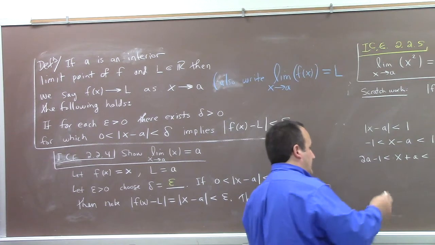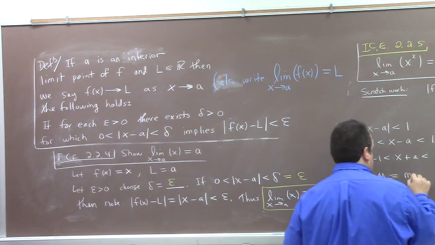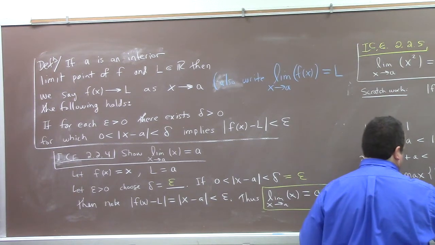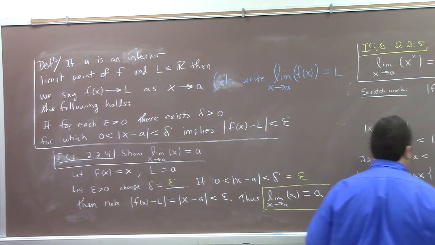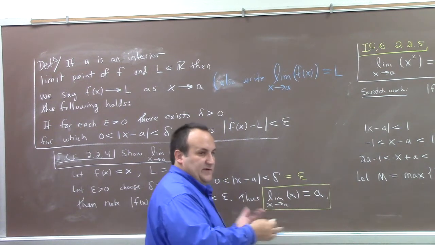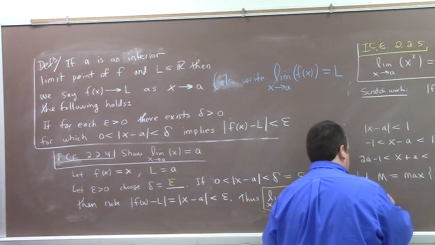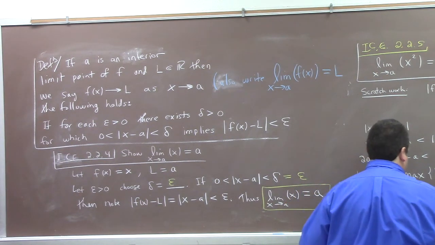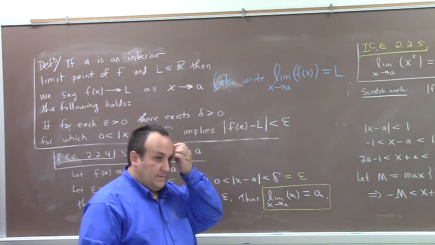I guess if I said let m equal the max of the absolute value of 2a minus 1 and 1 plus 2a, right? If I make that the maximum of those two things, then I think you can argue that that implies that minus m is less than x plus a is less than m. If you think about it.